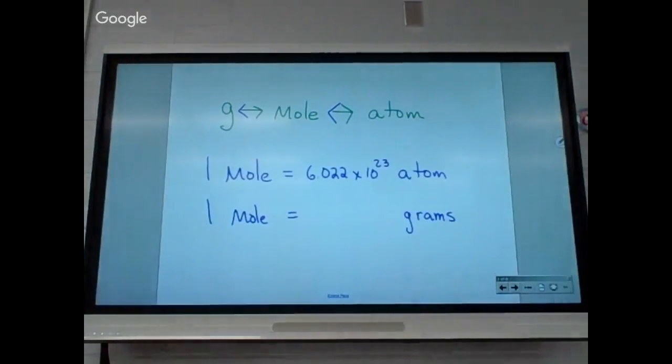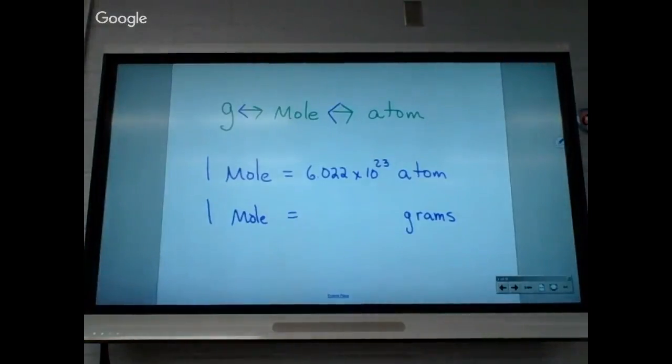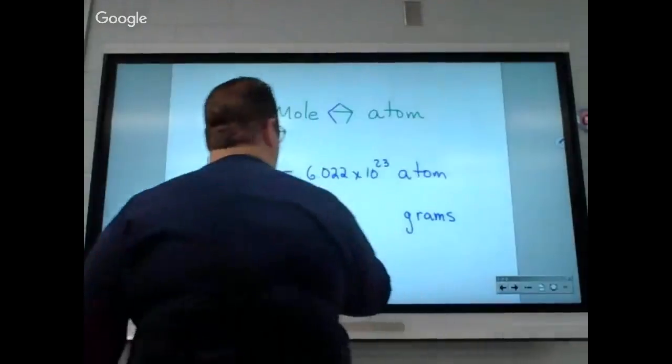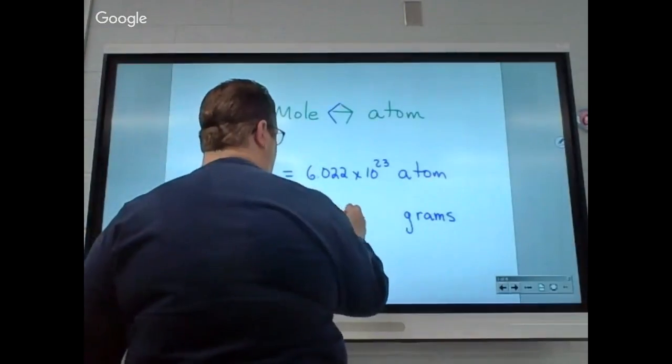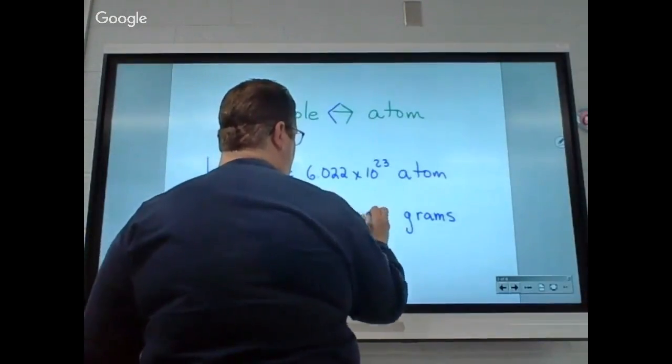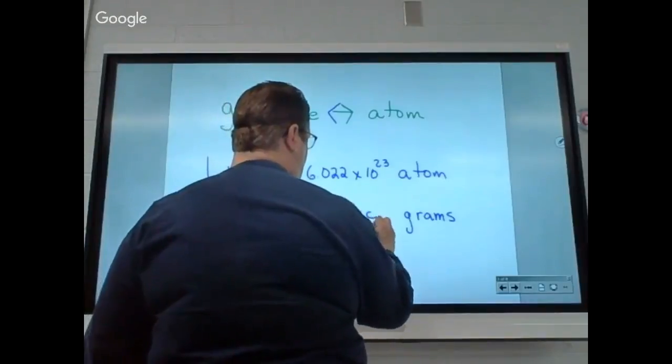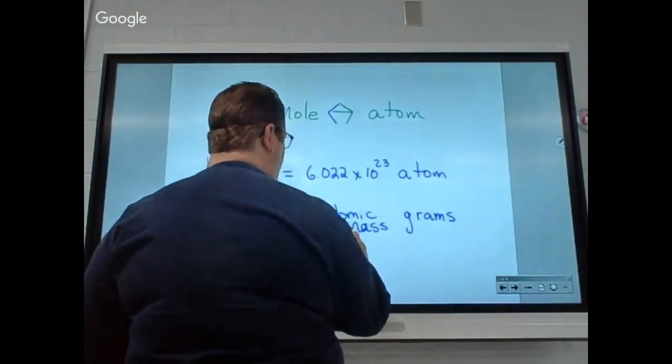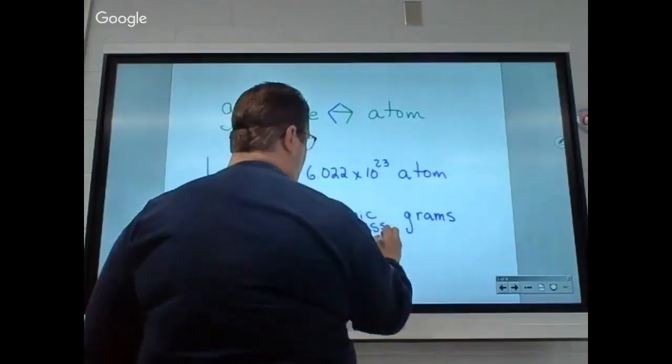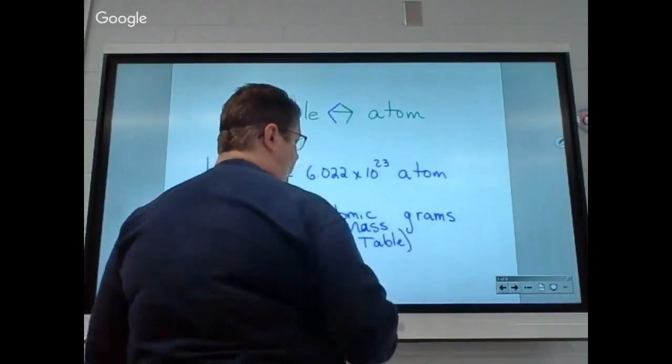No, because I think it was Justice who said this a second ago. Where did Justice get the grams from a second ago? The what? The mass. And where did the mass come from? Okay, so every time we need grams, we found the atomic mass. So you're going to need to use your periodic table.